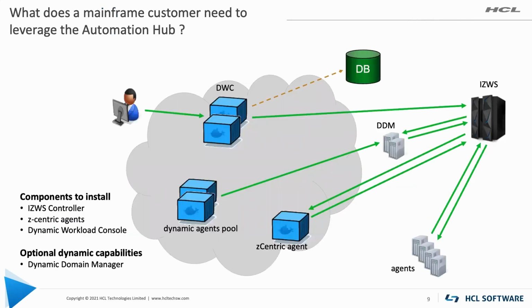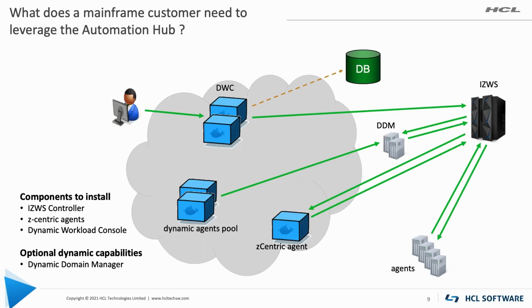Since we are talking about plugins and integrations, I would like to remind the Z customers how they can manage these plugins in an end-to-end solution. So what are the components that are needed to use all these new plugins?